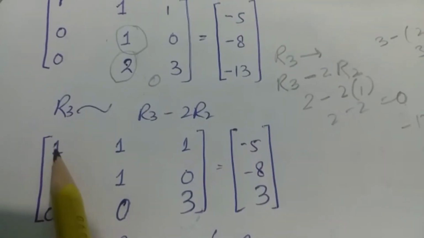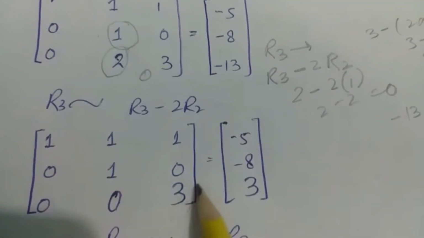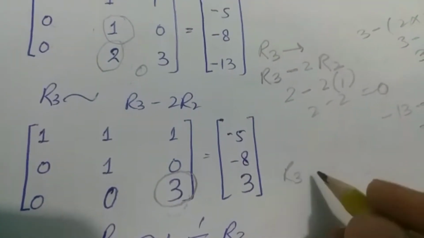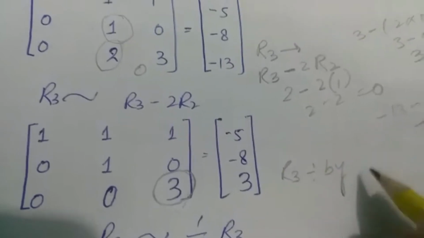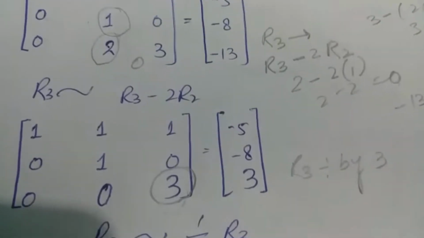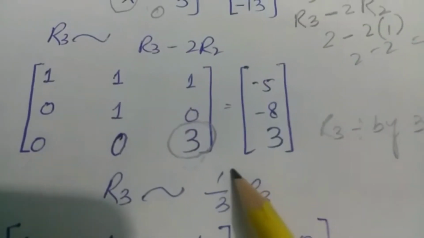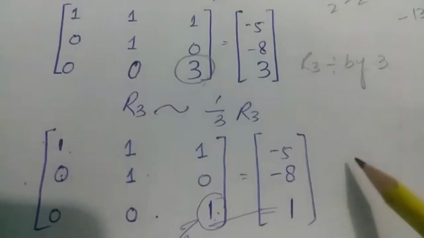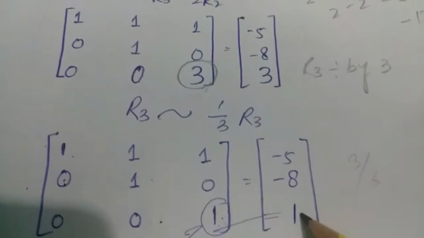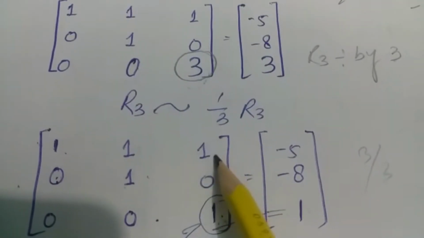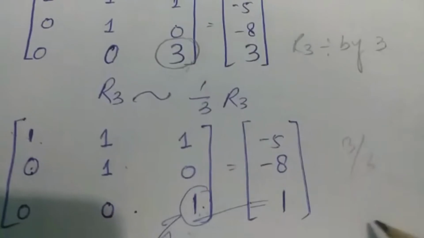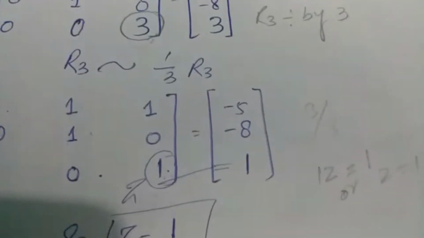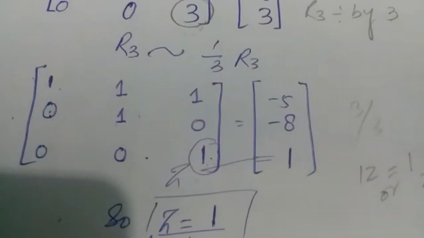If you focus here, 1 0 0 1 0, converting this into 1, R3 divided by 3, or 1 upon 3 R3. If we divide this, 3 upon 3, both equal 1. This is the coefficient of z, meaning 1z equals 1, so z equals 1.